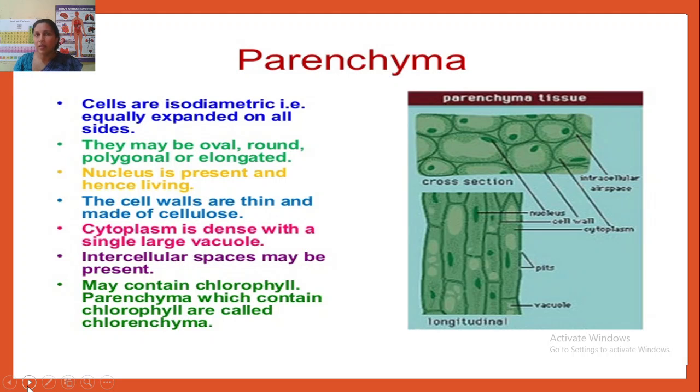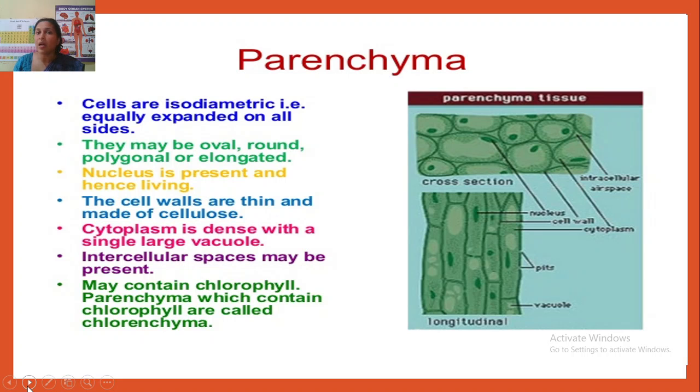If we take the parenchyma and look at a cross section or longitudinal section of a part of a plant, we can see these parenchyma cells. These cells have different types of shapes. They can be oval, round, polygonal or elongated, but they are isodiametric.